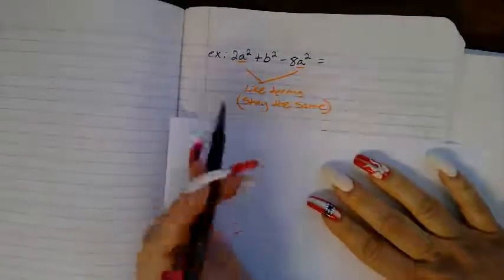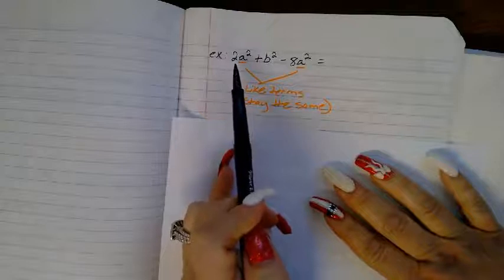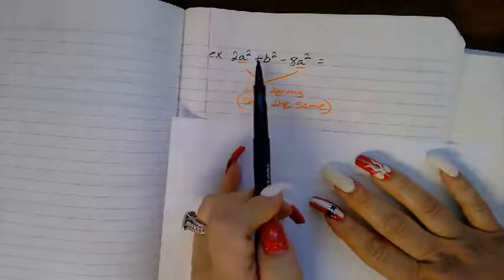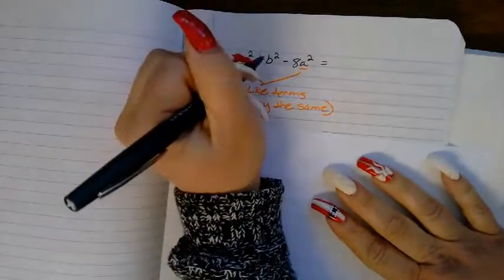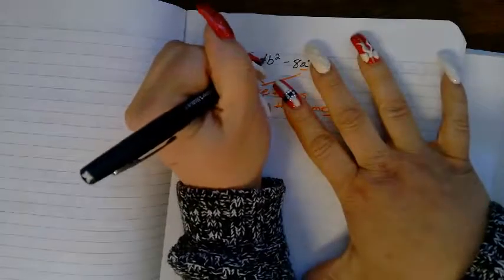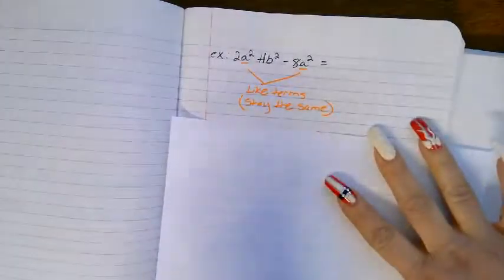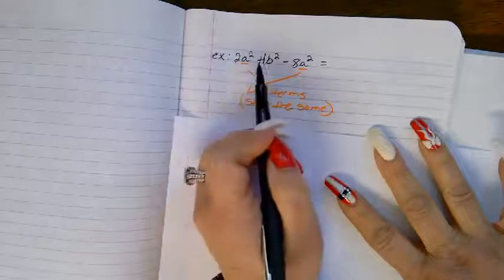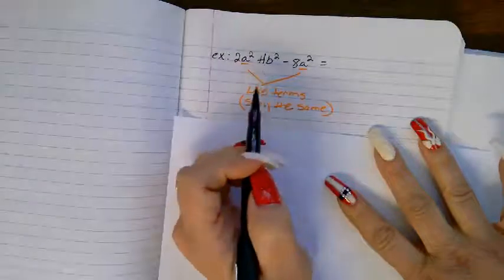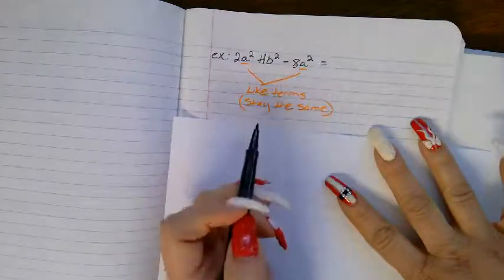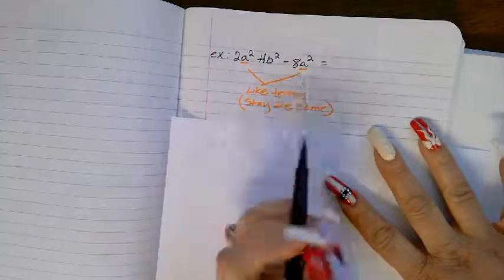So we're going to look at our numbers in front of our variables, right? So we have a 2 plus a b, but remember when there's no number there, guys, that just means that there's a 1 there. So 2 plus 1 gives us 3, and then we're left with 3 minus 8, right?